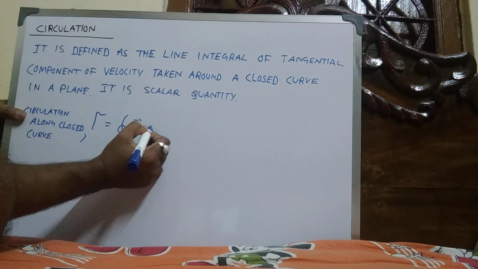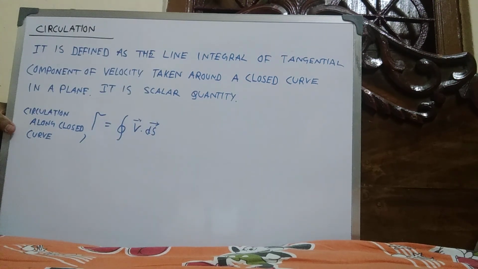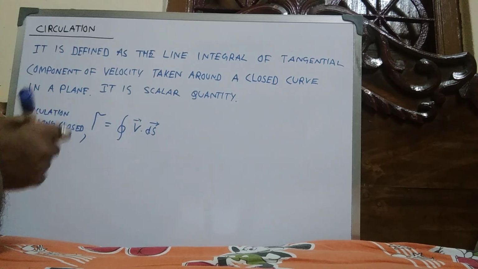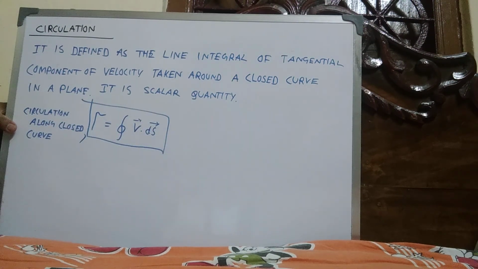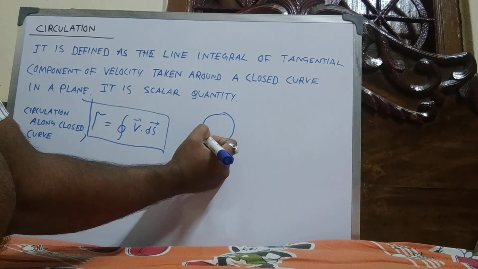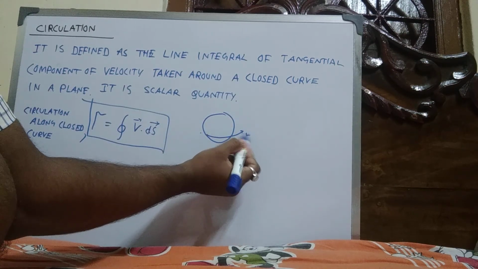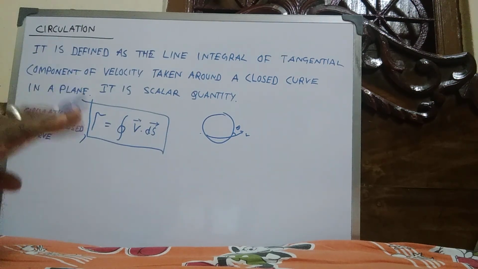So vector v dot ds, where ds is the length of the element and v is the velocity component along the closed curve. This is the formula for circulation. Suppose this is the circulation, and this is v, and this is theta. Understand?